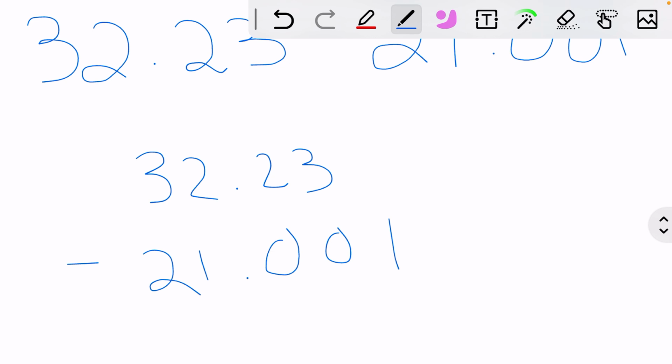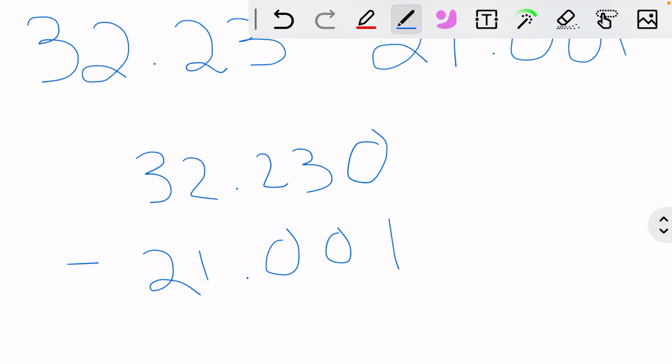Now, when you run into situations like this, where one of these decimals has 3 decimal places and one of them only has 2, the easiest thing to do is add a 0 at the end of this decimal, 32.23. That doesn't change the value of the number.